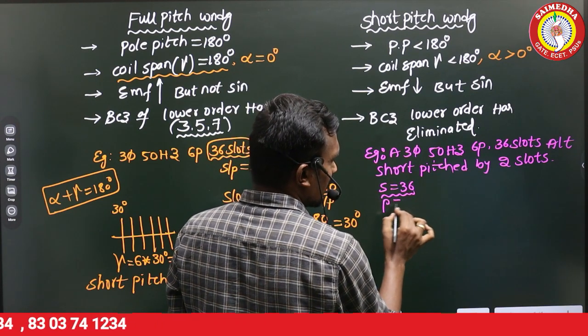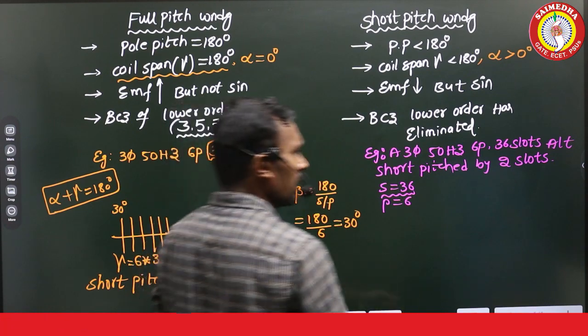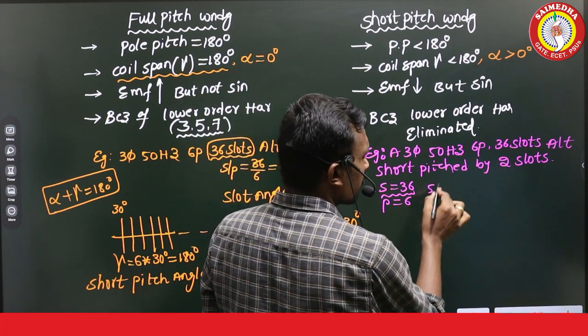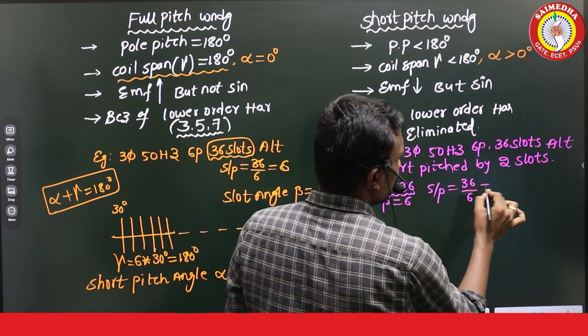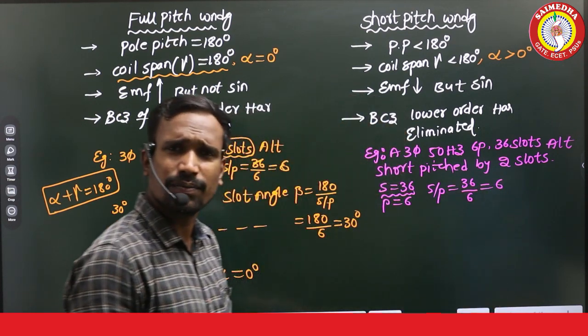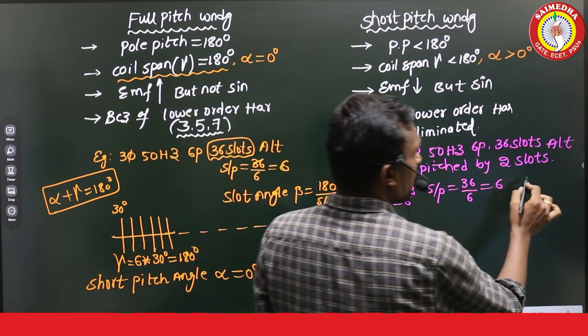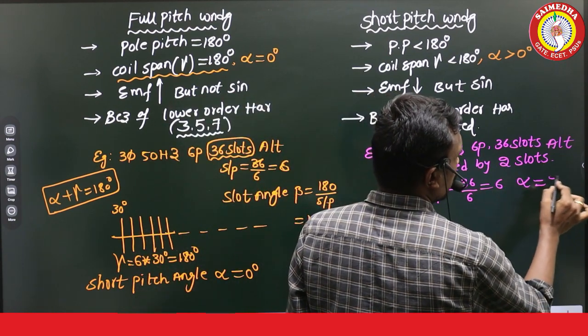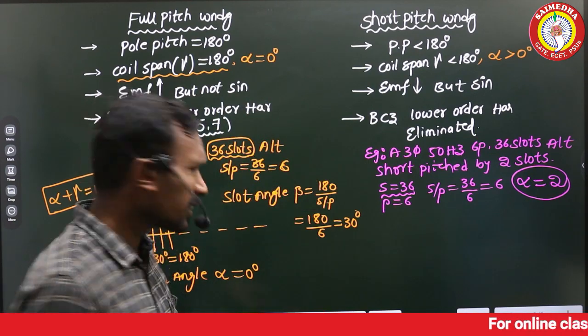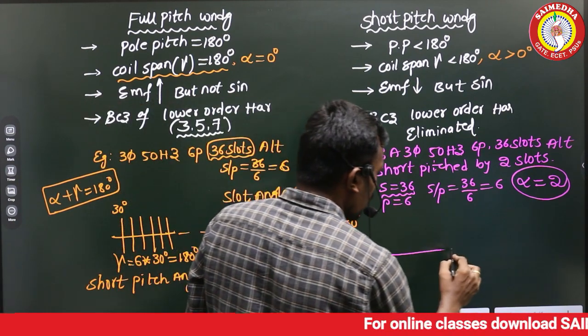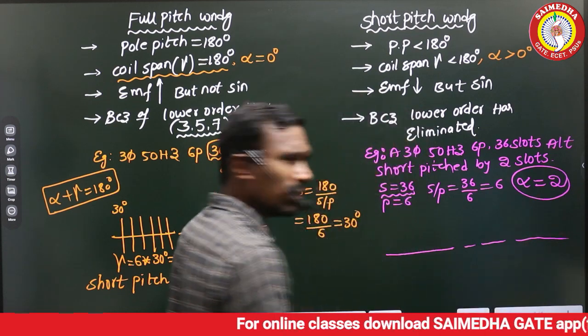How many poles are there actually? 6 poles are there. What is the slots per pole? Slots per pole is equal to 36 by 6, which is equal to 6. But they have given that the short pitched slots are 2. Here alpha is equal to 2 slots. Let's analyze. 6 poles are there here also.